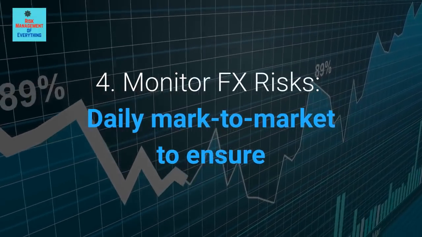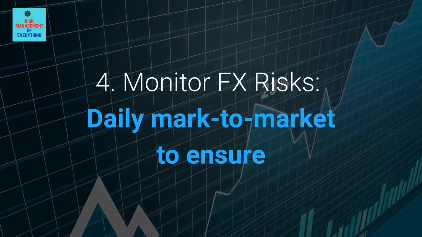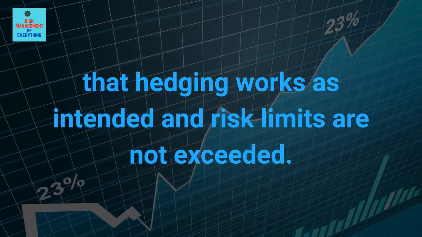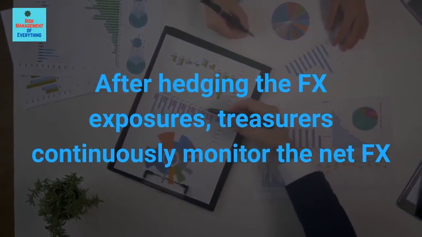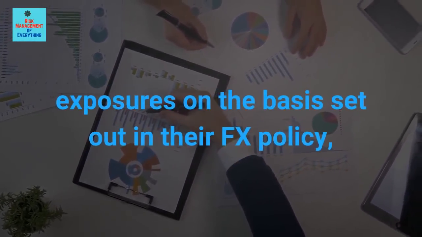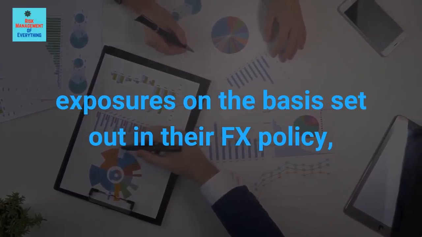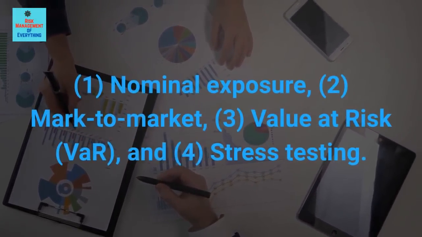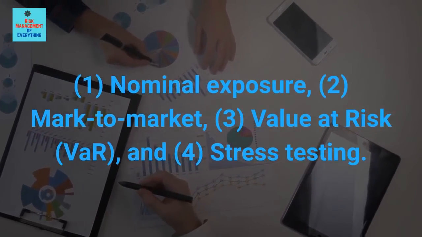4. Monitor FX risks: daily mark-to-market to ensure that hedging works as intended and risk limits are not exceeded. After hedging the FX exposures, treasurers continuously monitor the net FX exposures on the basis set out in their FX policy, which will normally include some combination of 1. Nominal exposure, 2.